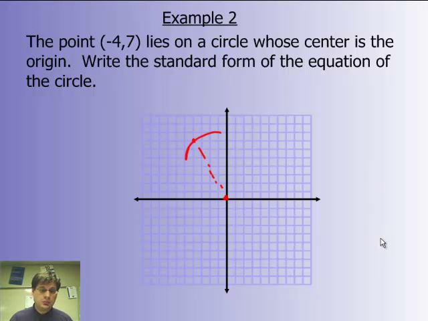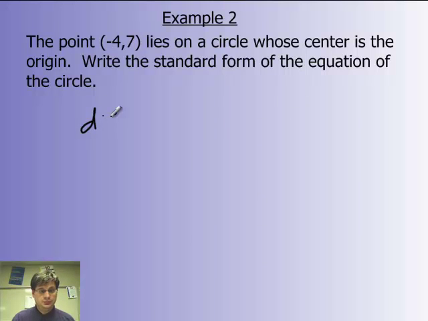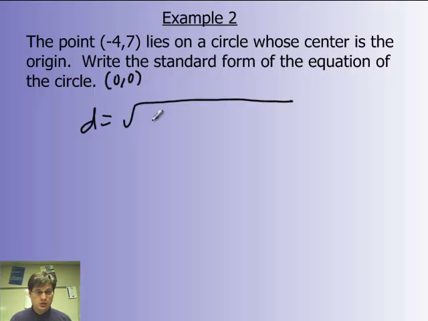So we'll probably, since we're looking for the distance of those 2 points, we're going to want to use the distance formula. So distance formula, we'll just substitute in our points where we're going to use -4 and -7 as our first point, but our other point that we're going to want to use is going to be 0, 0, which is going to be the origin.